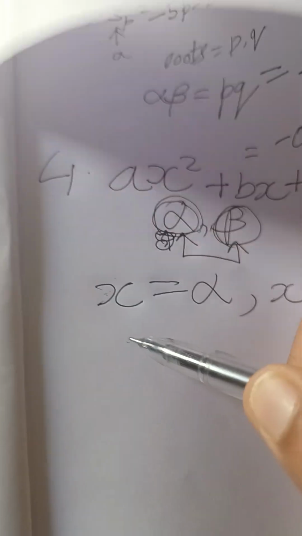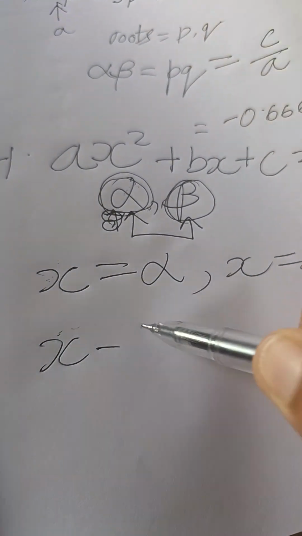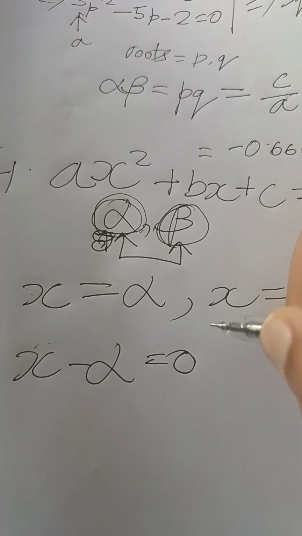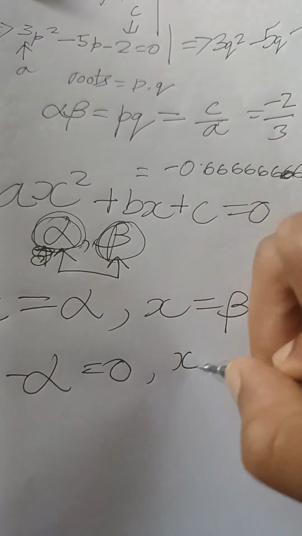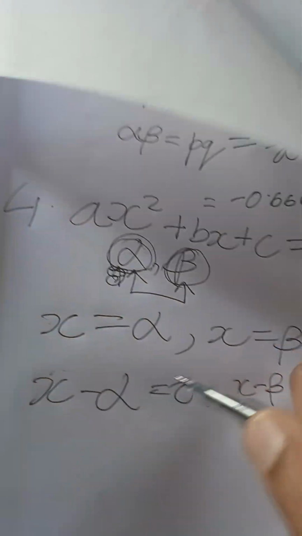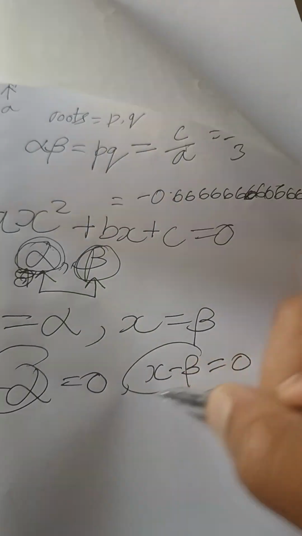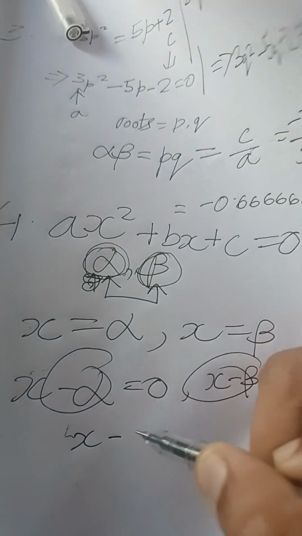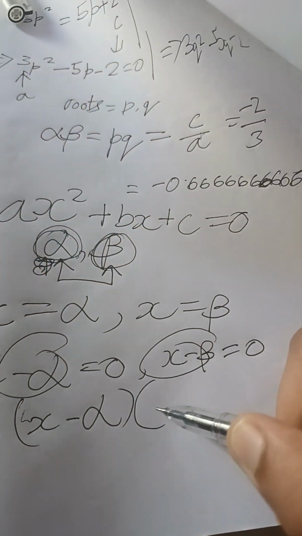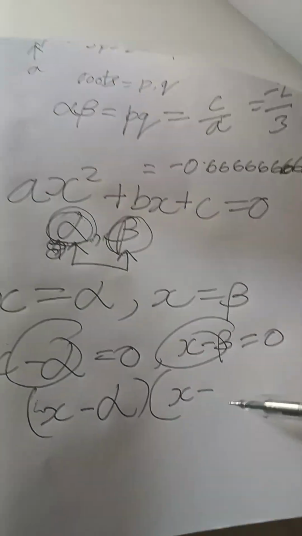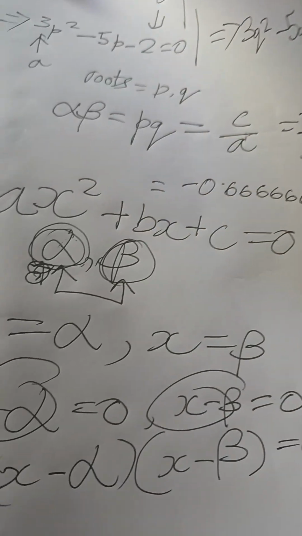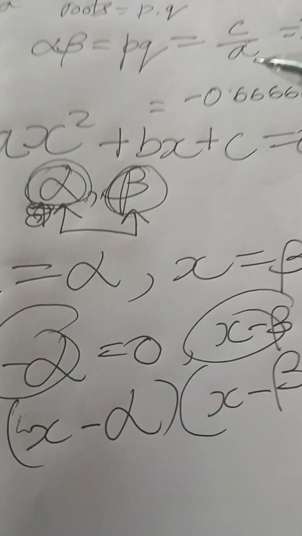So if x is equal to alpha, then x minus alpha is just 0, or x minus beta is equal to 0. So one of these has to be 0. So it's x minus alpha into x minus beta is equal to 0, right?